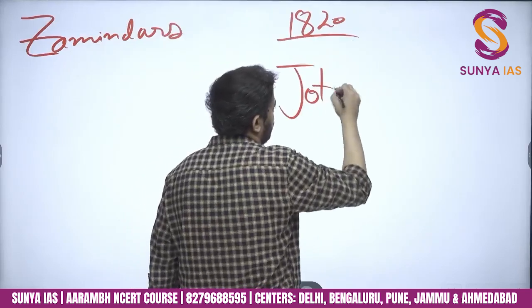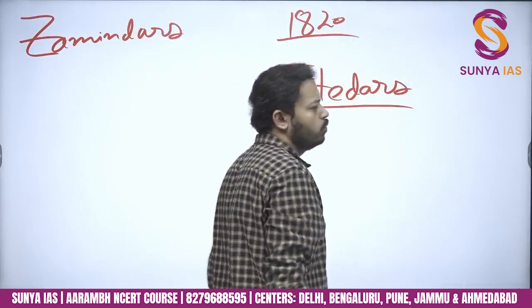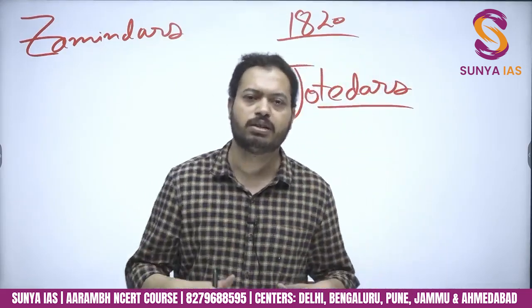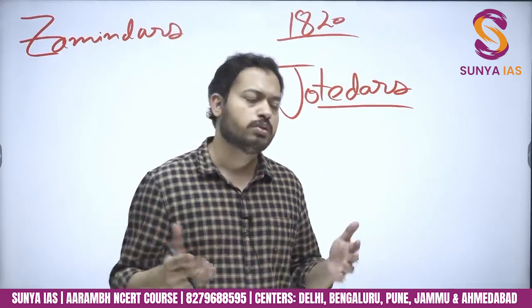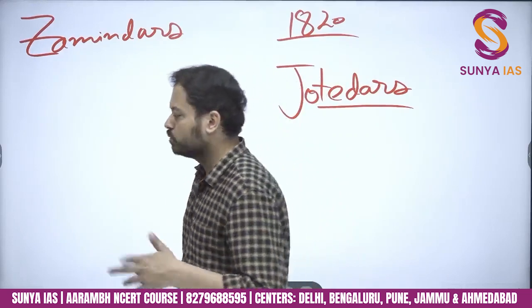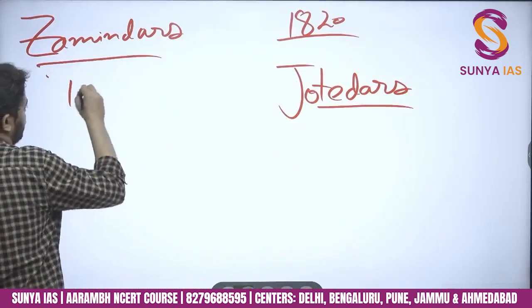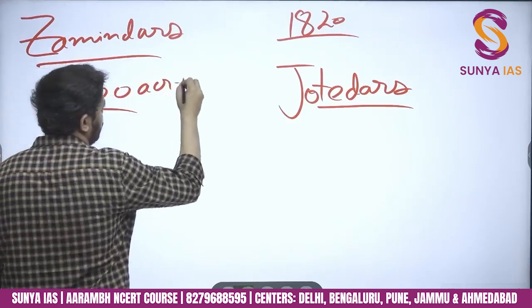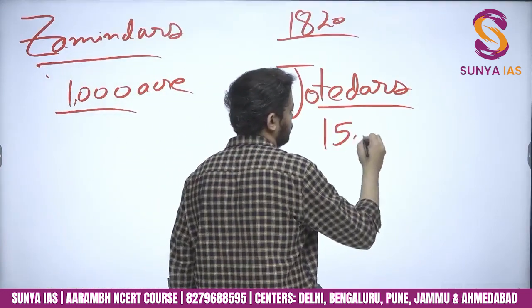These jotedars used to have huge pieces of land, though they didn't have as big land as zamindars. I'm just giving you a random rough example, suppose a zamindar is having 1000 acre, the jotedar will have somewhere around 150 acre.